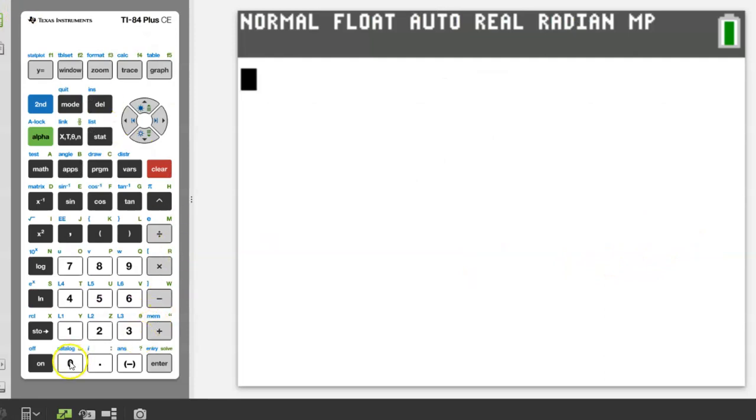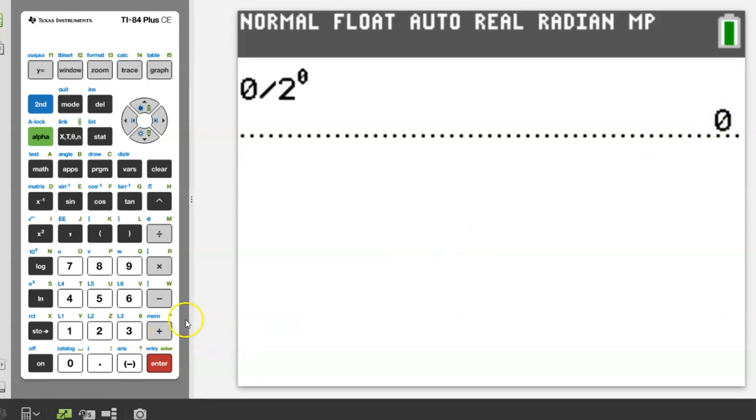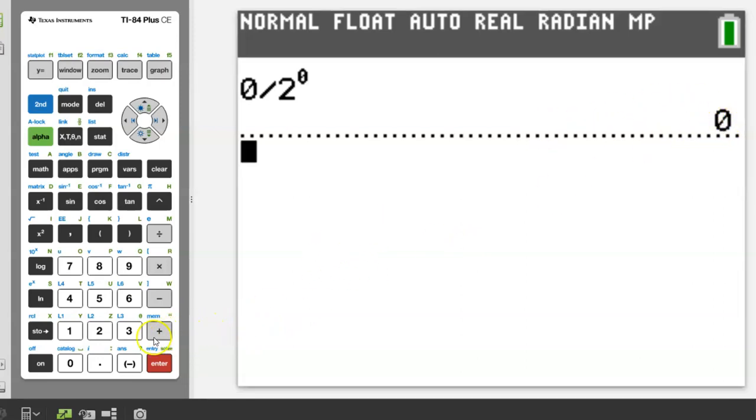Let's go through the motion starting with 0 over 2 to the 0. So we start with this. Now we're doing partial sums. We want to always include what came before, so I'm going to immediately hit plus.